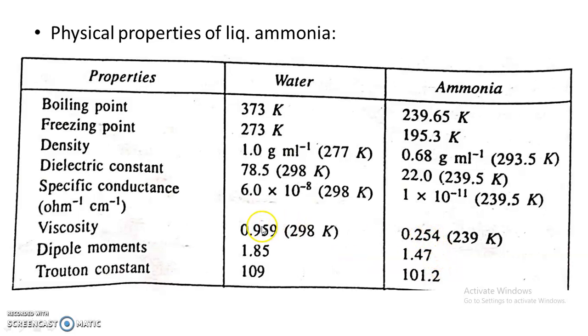The viscosity of ammonia is less than water. The dipole moment of ammonia is 1.47, and that for water it is 1.85, and the Trouton constant is nearly equal: for ammonia it is 101.2, and for water it is 109. So these are some physical properties of ammonia.